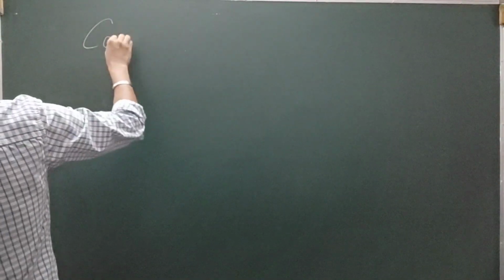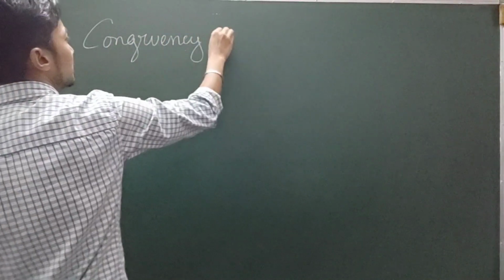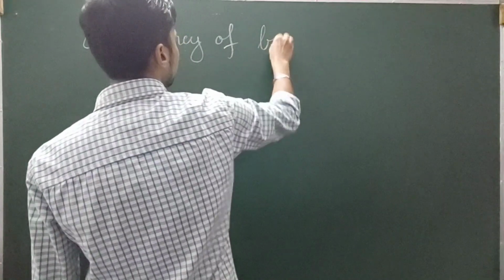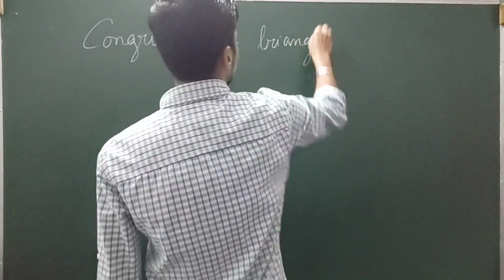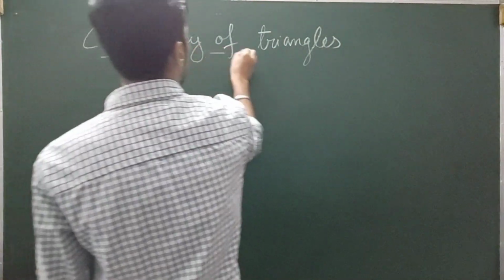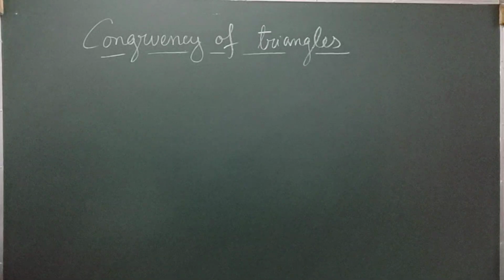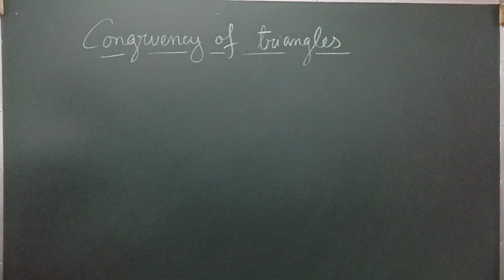Now in this chapter, what we are going to learn is congruency of triangles. Congruency of triangles. This is what we are going to learn in this particular chapter in class 9 this year.